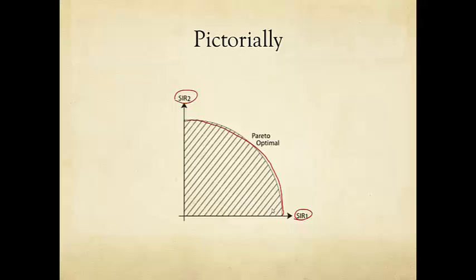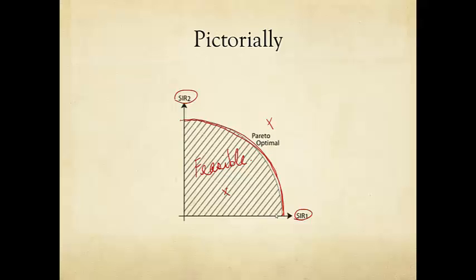Now, ideally, you want SIR for both users to be high. But as you know, because of interference, that is not possible. So let's just look at those SIR1, SIR2 values that are possible. We call these the feasible SIR values. So any point inside this region is a feasible point.